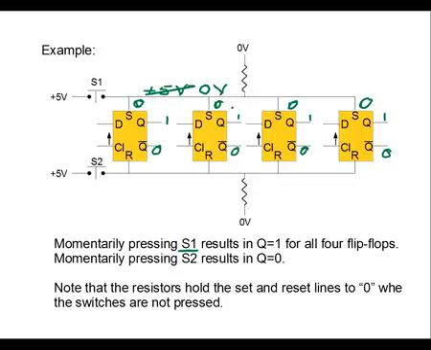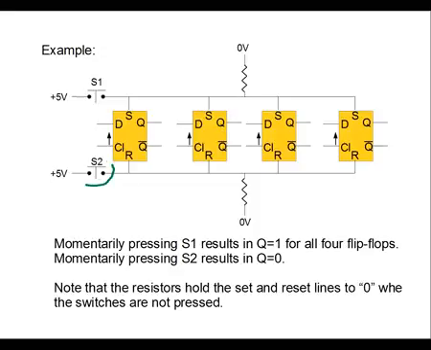Now, let's go through and look at how to reset it. We do the same thing. In this case, we press S2. This becomes plus 5 along here. So all of the resets are 1. Resets being 1 means that the outputs will be 0, 0, 0, 0. And then when we let go of the switch, the switch goes back up.